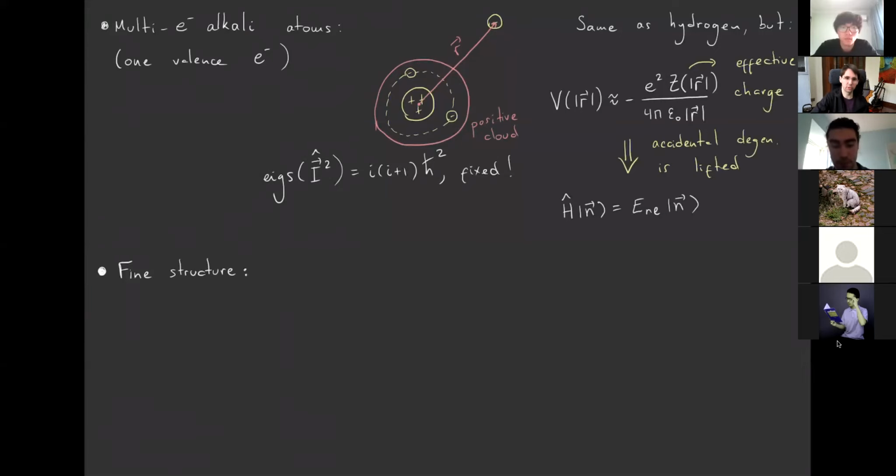And these corrections correspond to corrections of relativistic nature. So these are corrections that occur because actually, even though the electron is not moving at the speed of light, it's moving fast enough, or it has enough energy to bring in some relativistic effects.